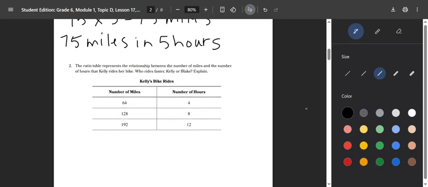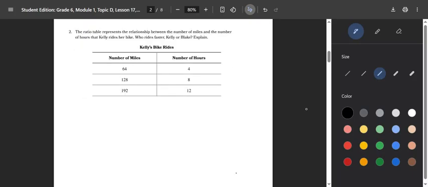Number 2. The ratio table represents the relationship between the number of miles and the number of hours that Kelly rides her bike. Who rides faster, Kelly or Blake? Explain. All right, well, on Kelly's table, I see she goes 64 miles in 4 hours, and I want the number of hours to be 1. So I'm doing 4 divided by 4 to get that down to 1.